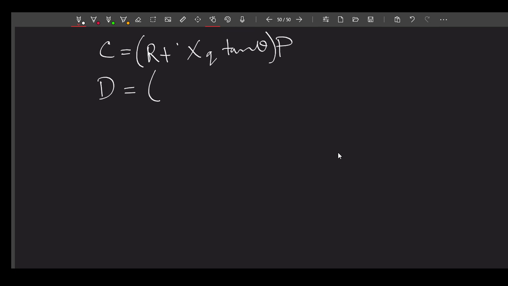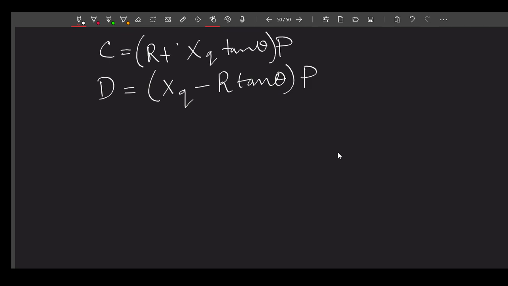Your C is equal to R plus R plus X cube tan theta into P, and D is equal to Xq minus R tan theta P, right?